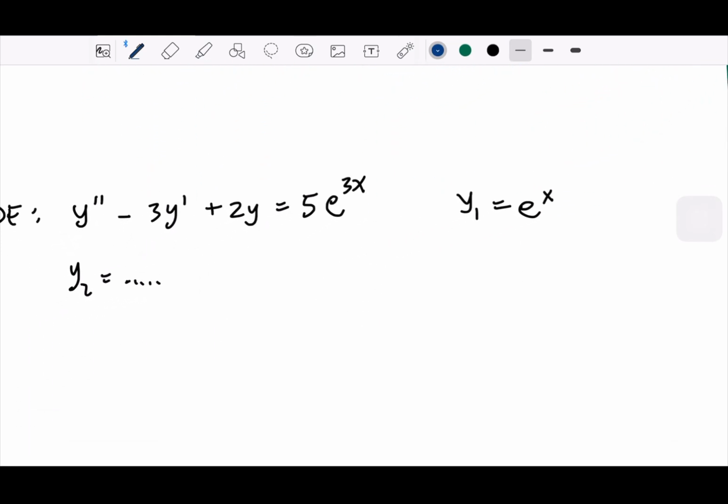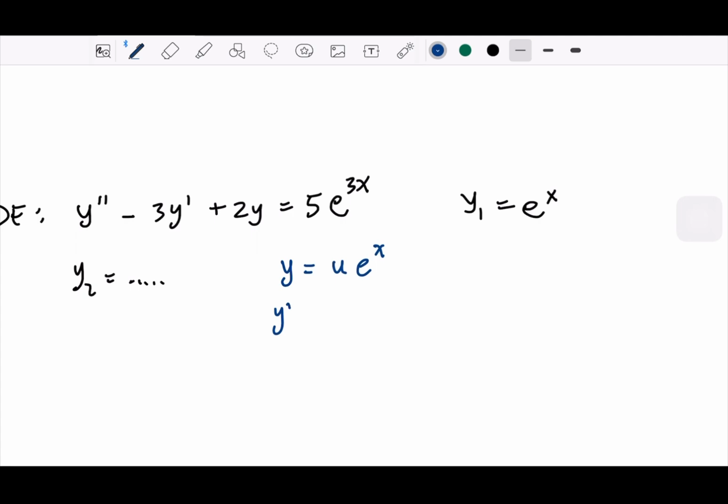So first we deal with y is u(x) and then e to the x like that. It goes through the first derivative, and then the second derivative.